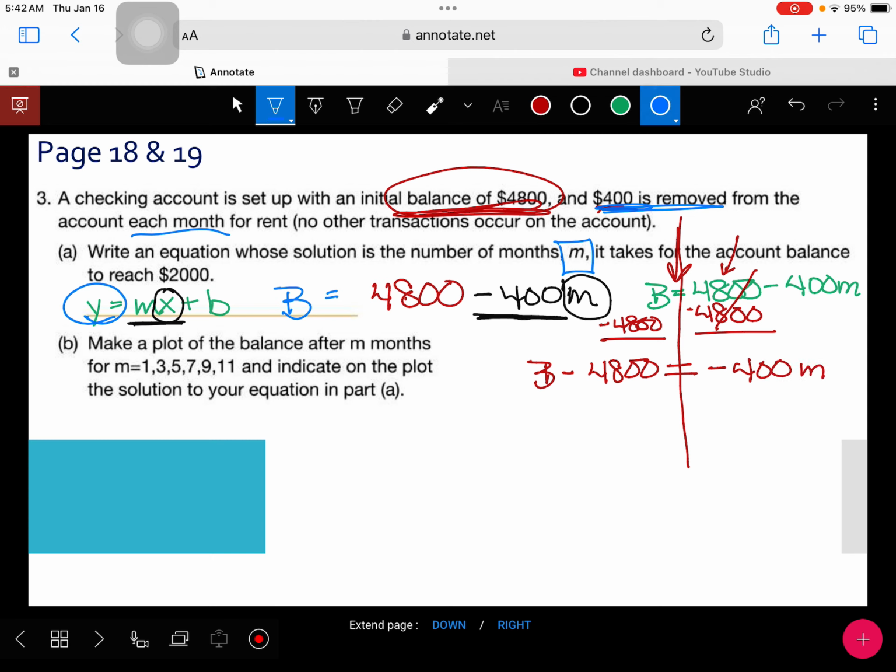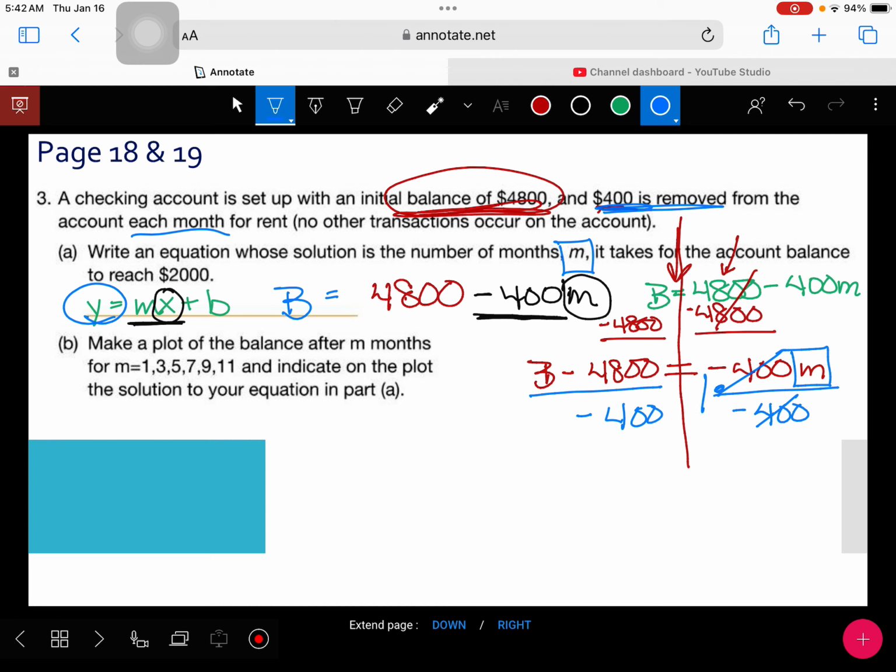Remember, our end game here is to get m by itself. M is being multiplied by negative 400, so I am going to divide by that negative 400, which means I need to divide by negative 400 here. Negative 400 divided by negative 400 is going to simplify out just to be a 1.